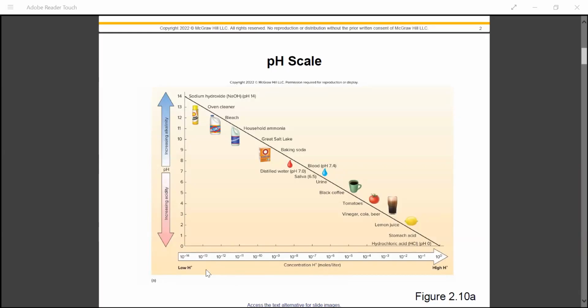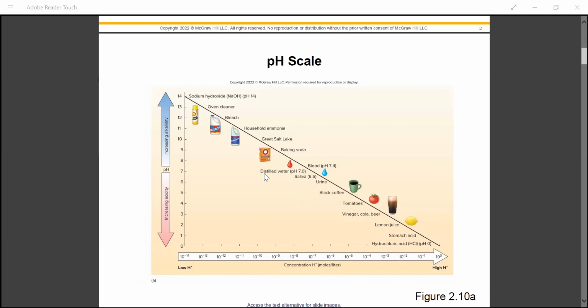This just means at the bottom part here, we're not going to have many protons. And then with our strong acids like hydrochloric acid that has a pH of 0, meaning it's super acidic, it's going to have a high dissociation, or we're going to have a lot of protons or H pluses in our solution.